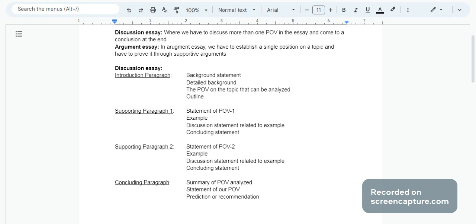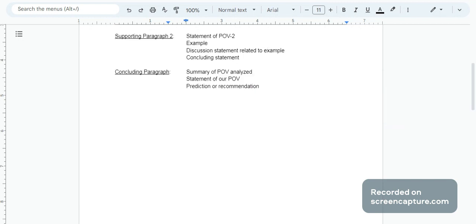So in the background, we talk about a little bit of history about the topic. In the detailed background, we also talk about the history of the topic, which is related to our first statement. The POV on the topic that can be analyzed is basically the restating of our main topic.